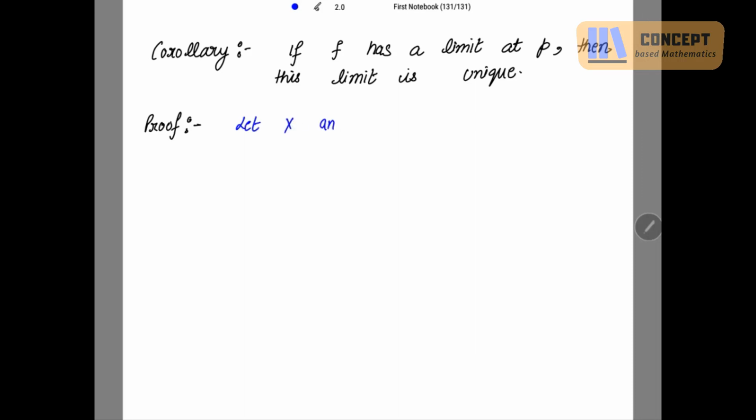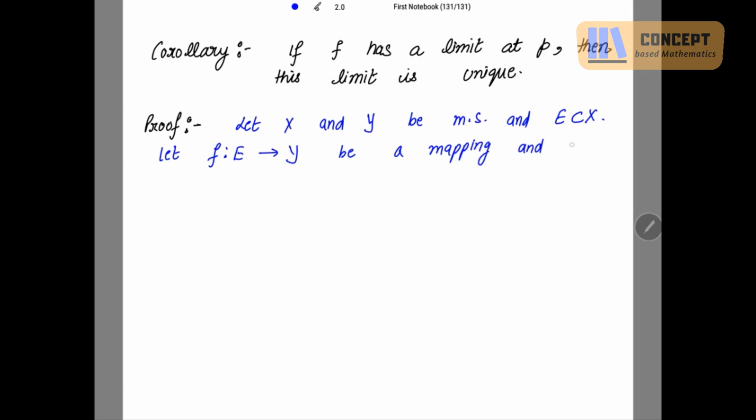Let X and Y be metric spaces, and E is a subset of X. And we have a mapping f from this E to Y, and this P is a limit point of E.